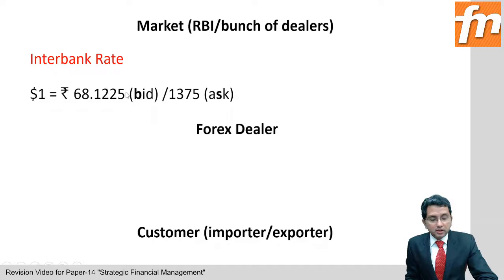If the market buys a dollar, it will buy at 68.1225, and after a minute, if somebody approaches them to buy these dollars again, they will sell at 1375. So the difference between 1375 and 1225 is the kind of profit margin for the market maker. Market maker will buy at the lower rate from any dealer and will sell at the higher rate to any dealer.